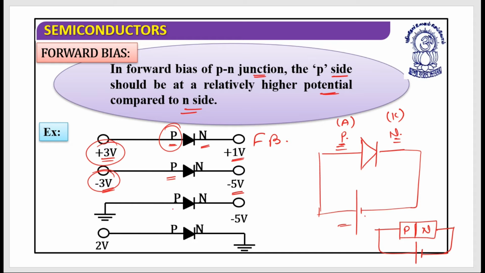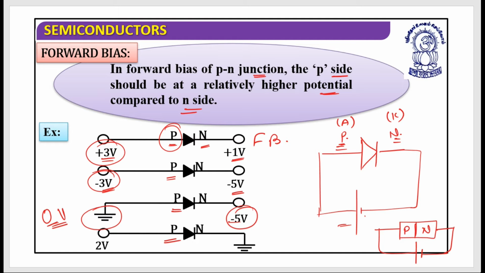One more case: the P-type material is connected to the ground, and when we connect it to the ground, it is at 0 volt. The N-type material is connected at minus 5 volt, and 0 is greater than minus 5, that means forward biasing.